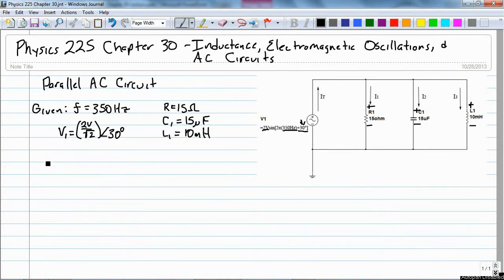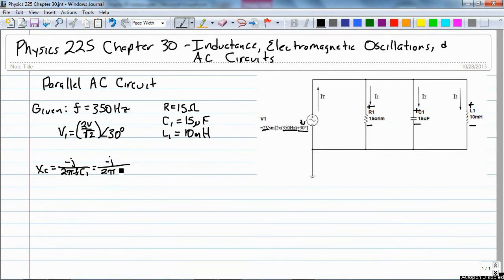So let's calculate our capacitive reactance, and that's just equal to negative J over 2 pi frequency times C1.